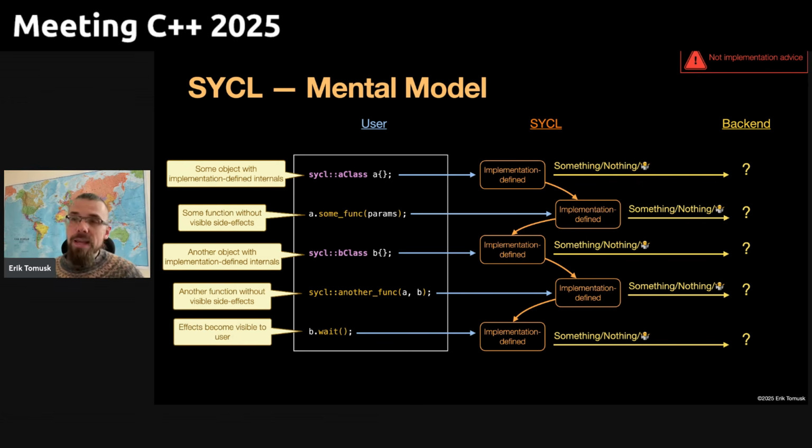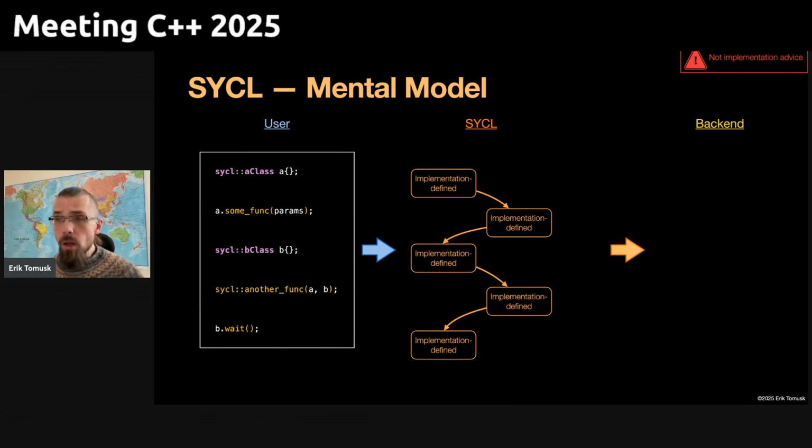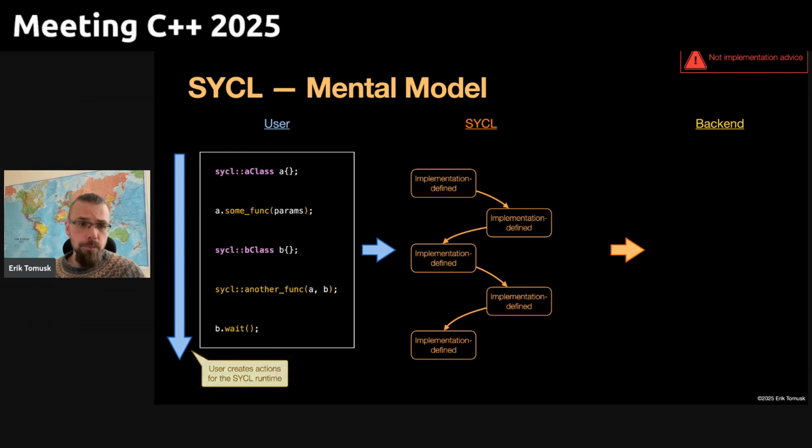What we do know is that the SYCL specification requires that at this point, the effects become visible to the user. So whatever the sequence of function calls that the user has called produce, this is the point where these become available to the user. So the way to think about this is that by calling SYCL API functions, the user is essentially creating a sequence of actions that the SYCL runtime is required to complete.